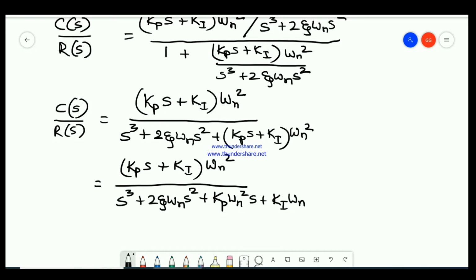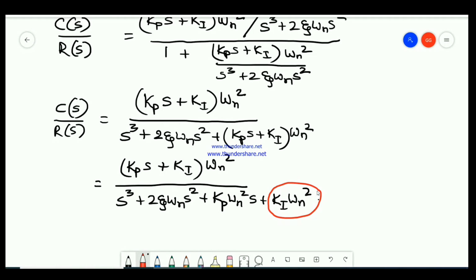So this is the total transfer function for the proportional integral control system, where Ki omega n square you have, which will be multiplied by omega n square.